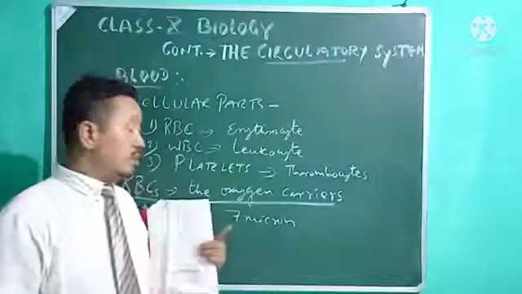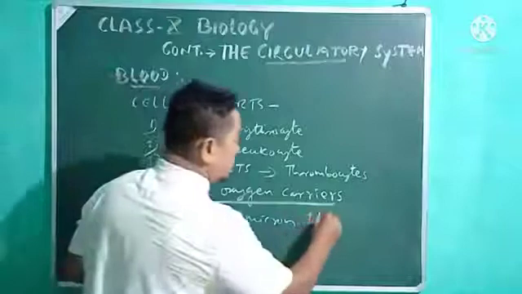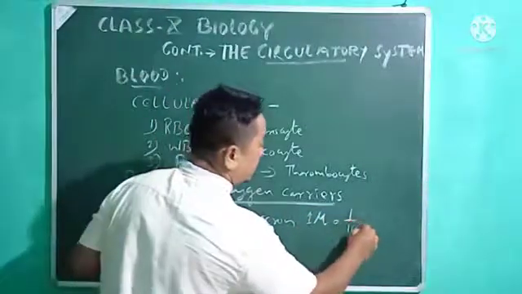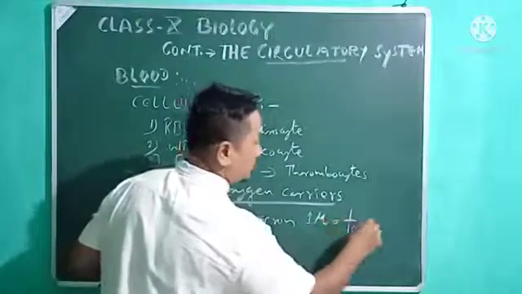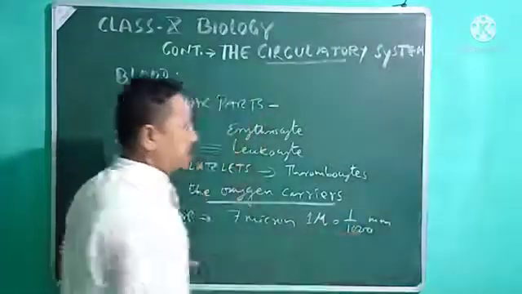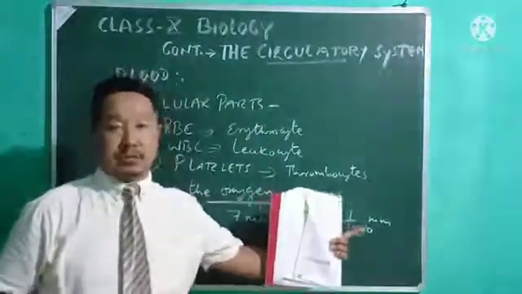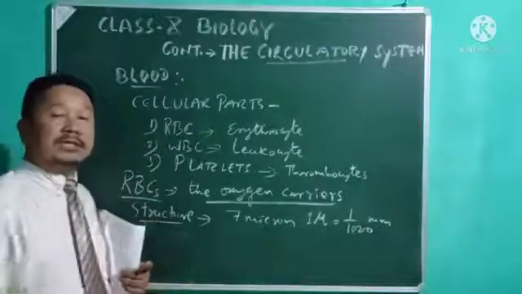7 micron means how much? 1 micron equals 1 upon 1000 millimeter. That is the diameter of this particular cell.